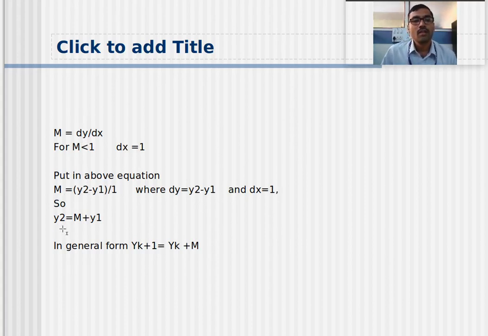So y2 is equal to slope plus y1. With this equation we can find each new y coordinate: the earlier y value plus the slope value. So in general form, yk plus 1 is equal to yk plus the slope value of that line.